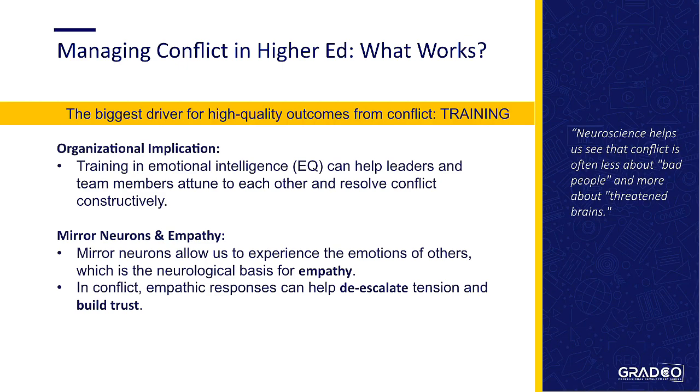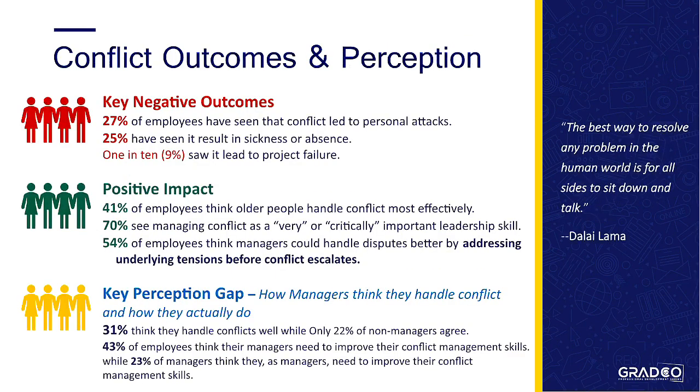Now, conflict outcomes and perceptions are important too. When we have conflict, there are some negative outcomes and then there are some beneficial ones. We have key negative outcomes, which most of us could guess or are familiar with. One is that 27% of employees have seen conflict lead to personal attacks.